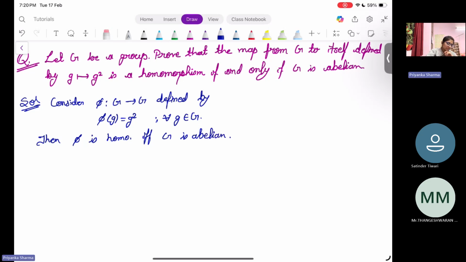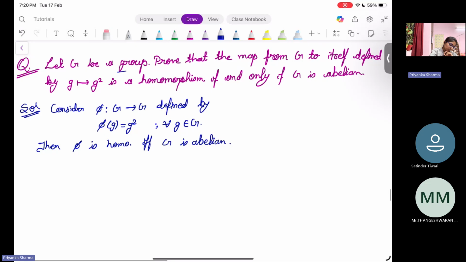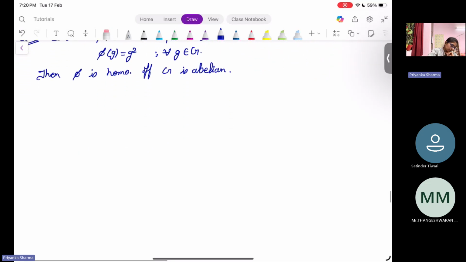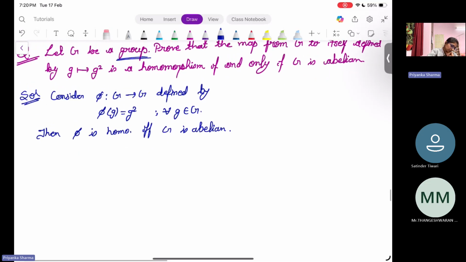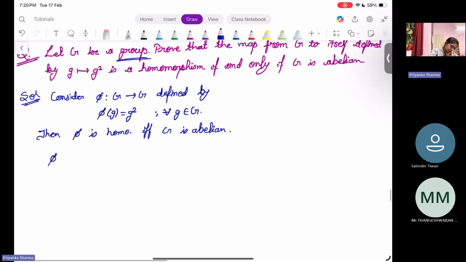So what is a homomorphism? A function will be a group homomorphism if it preserves the group operation, that is phi of ab will be phi of a times phi of b. Here the hidden star or dot is the group operation.